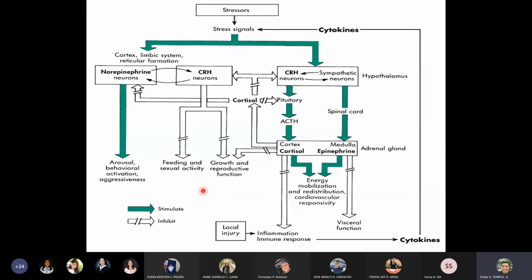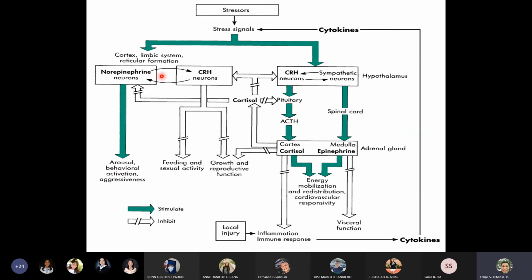So your stressor signals, first, your first reaction will be your fight or flight reaction. By the cortex, limbic system, and reticular systems, because norepinephrine is present in your CNS, that would lead to arousal, behavioral activation, and aggression.